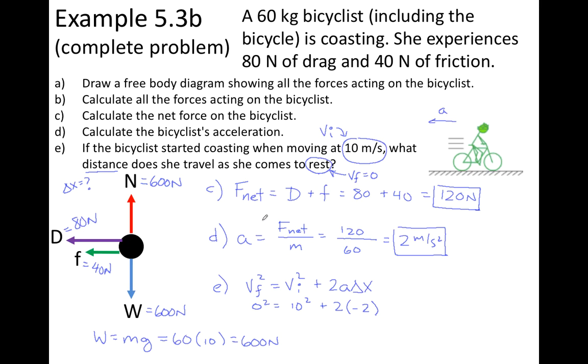The net force is 120 newtons backwards, opposite motion, times delta x. And now we just need to crunch the numbers. 0 squared is 0. 10 squared is 100. And here I get negative 4 delta x. Well, I think we can do the math from here. Delta x has to be 25 meters.